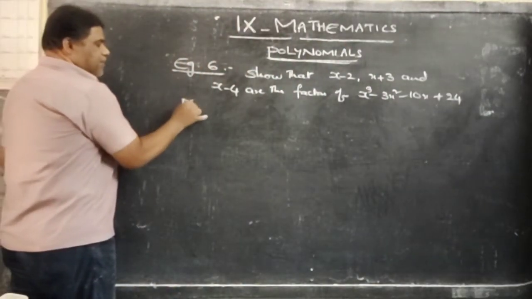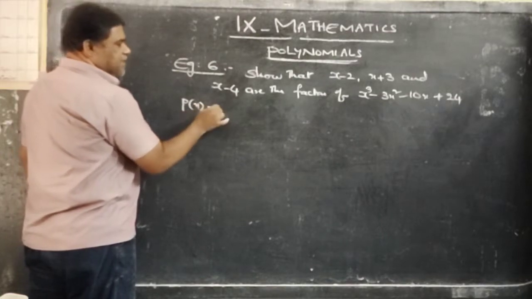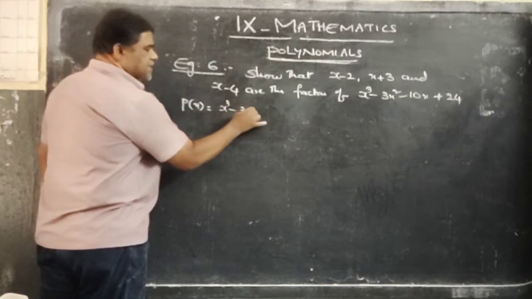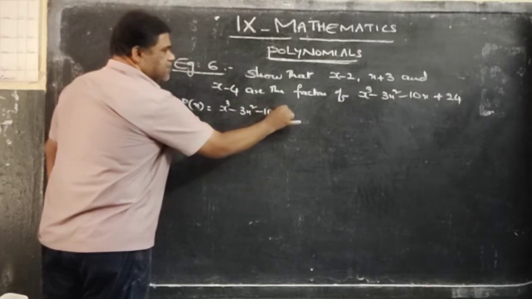So first the given polynomial you suppose as p of x or f of x, x cube minus 3x square minus 10x plus 24.